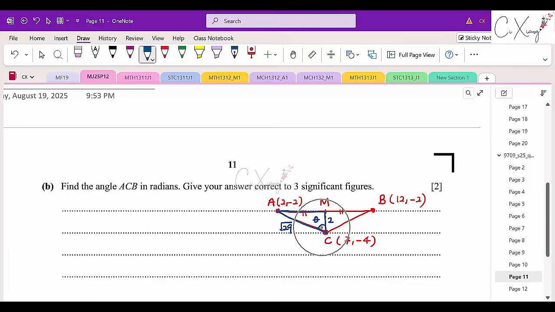For this one, I can use cos. Cos theta is basically equal to 2 over square root 29. It will be adjacent over the hypotenuse, so the radius here is the hypotenuse. Therefore, your theta will be cos inverse 2 over square root 29.